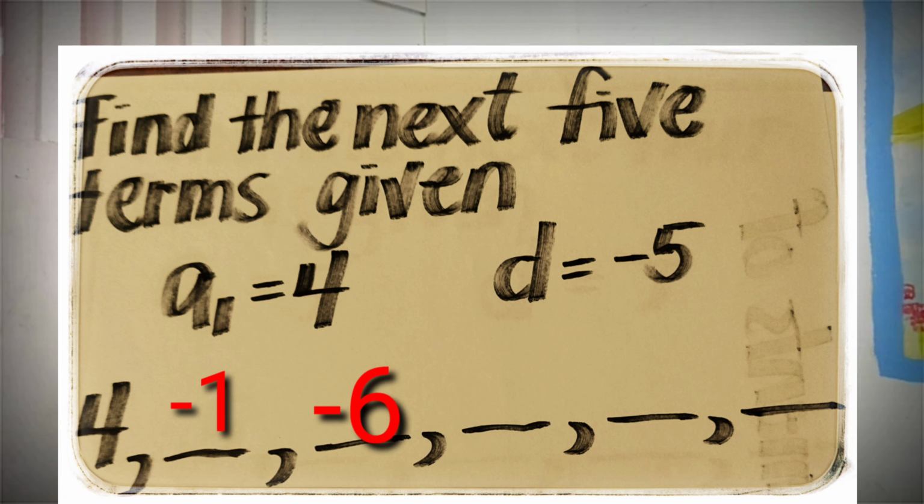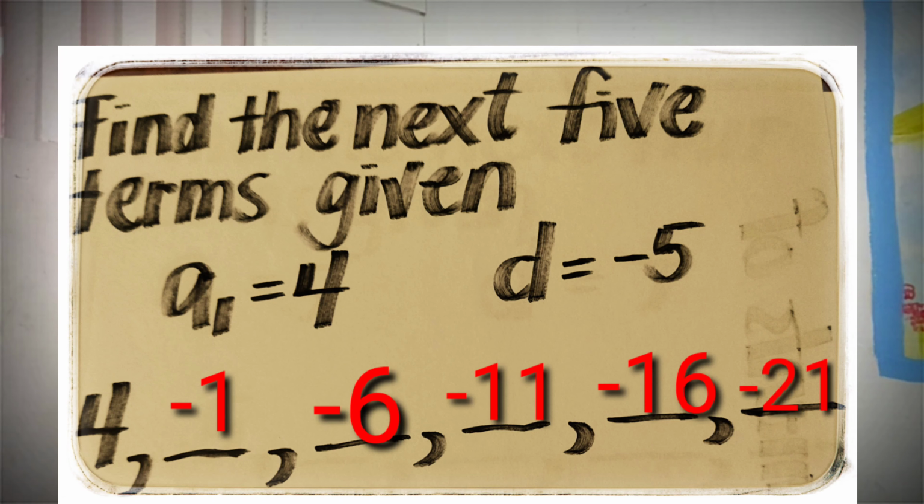Negative 6 minus 5 is negative 11. Negative 11 minus 5 equals negative 16. And negative 16 minus 5 equals negative 21. So, we will have the first term 4, then negative 1, negative 6, negative 11, negative 16, and negative 21.